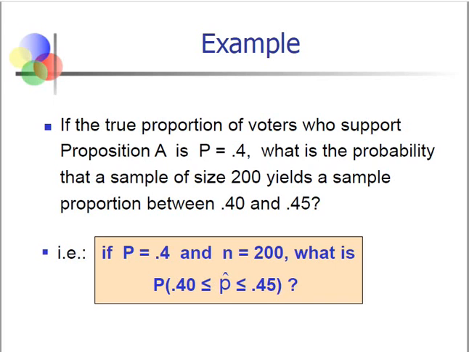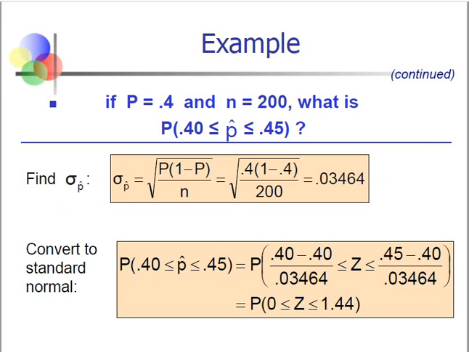The first step is to check if N multiplied by P multiplied by 1 minus P is greater than 5. Our N is 200, multiplied by 0.4, then multiplied by 1 minus P, which is 0.6. We find 48, which is greater than 5. So that means our sample proportions are normally distributed.